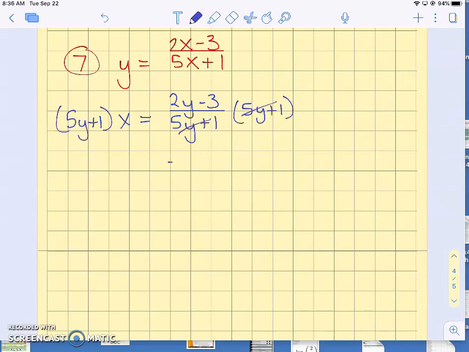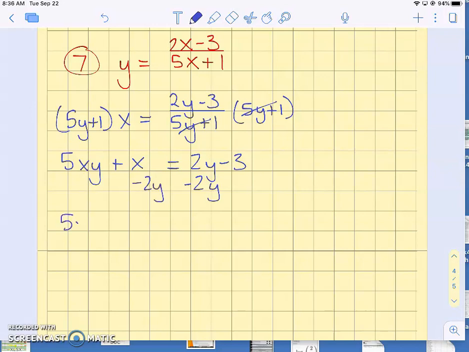So on this side, now we have 2y minus 3. If we distribute, we got 5xy plus x. So there's x's and y's everywhere. So our first thing we want to do is let's get the y's on the same side. So minus 2y.